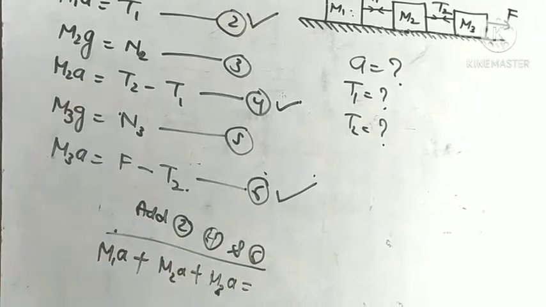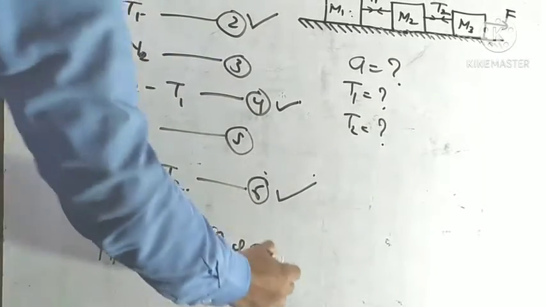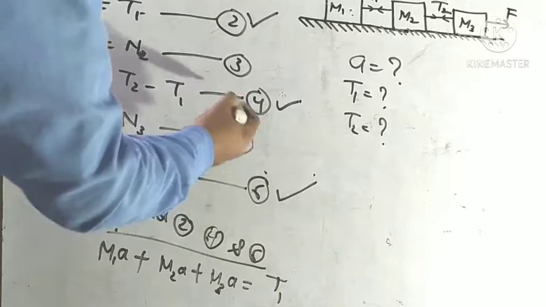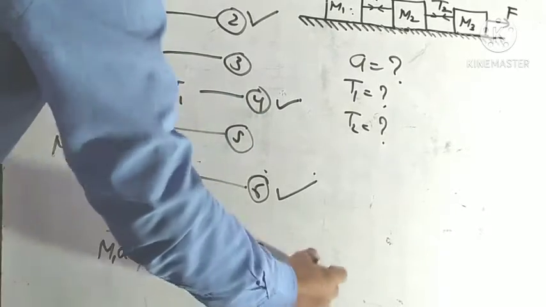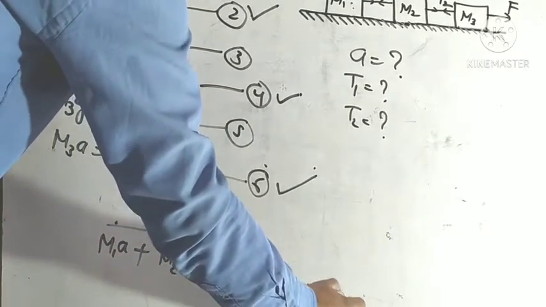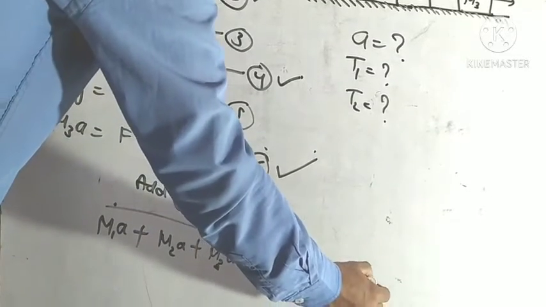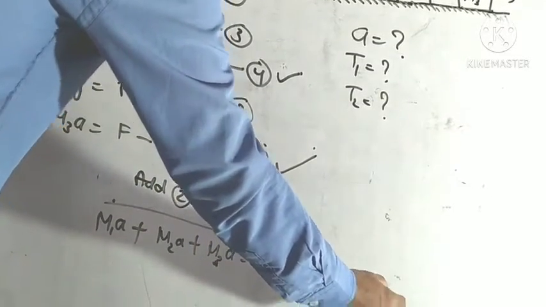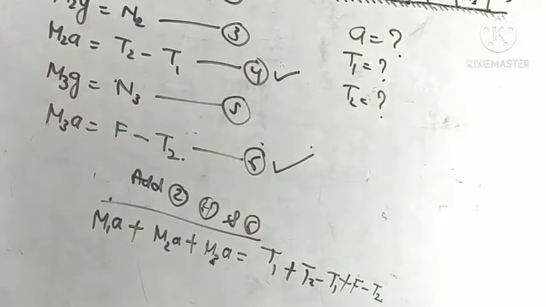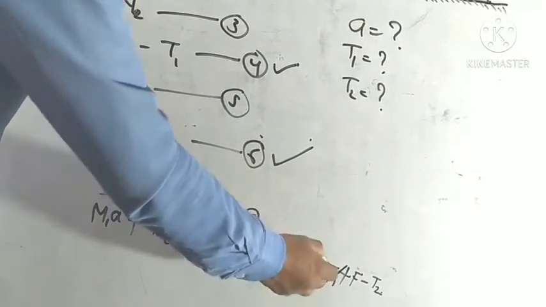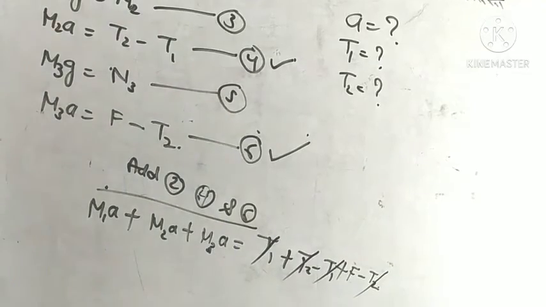So now we write the right hand side terms. T1 plus T2 minus T1 plus F minus T2. Okay, so here T1 and T1 will cancel each other, T2 and T2 will cancel each other. Only the force F is left here.